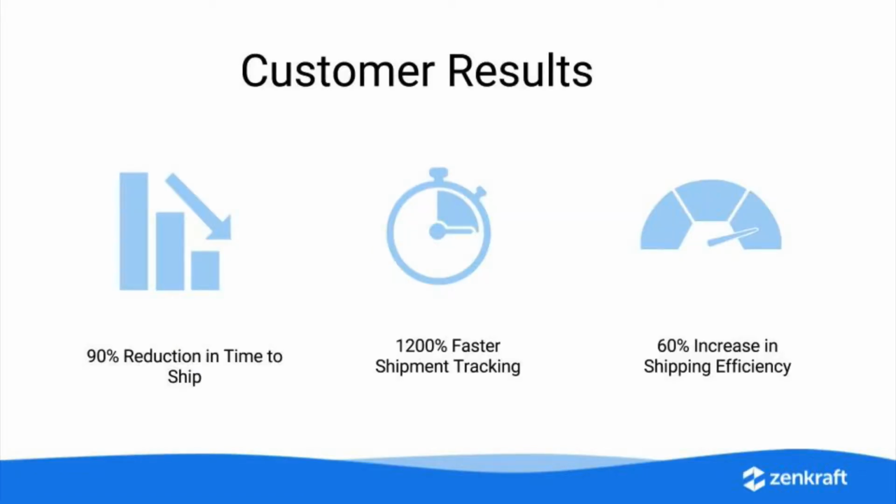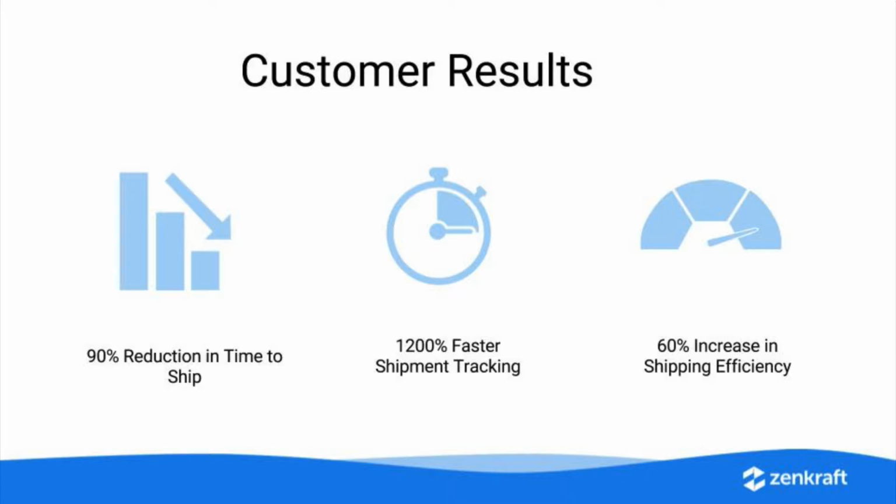So typically, some results that we see from our customers is a decrease in time to ship by around 90%. So instead of copying and pasting between FedEx.com and Salesforce, you can simply click a single button. A 1200% faster shipping tracking by having tracking data automatically update every hour in Salesforce as standard.